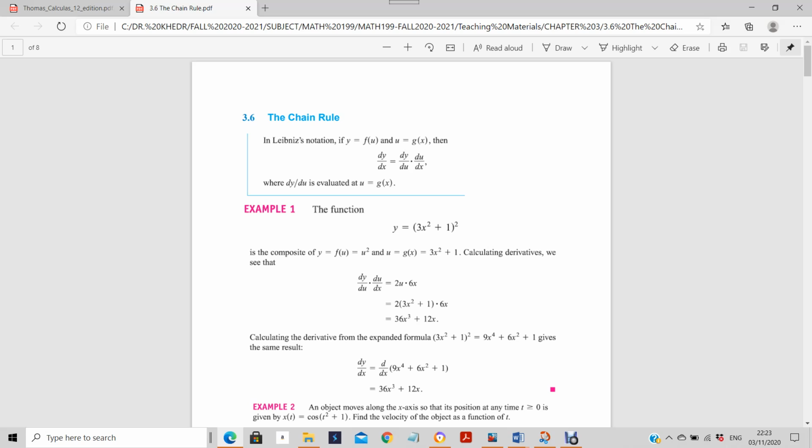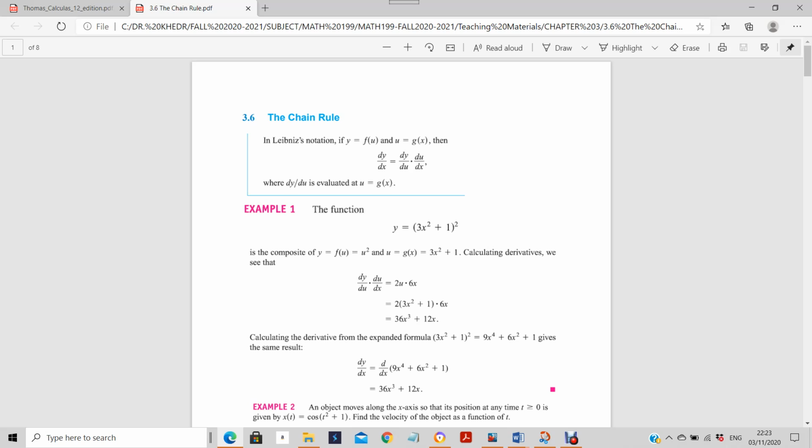So the derivative of y with respect to x equals the derivative of y with respect to the variable u multiplied by the derivative of the function u with respect to the variable x, where dy by du is evaluated at u equals g of x.